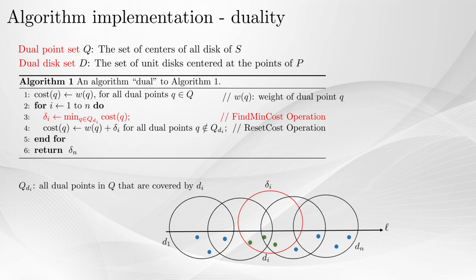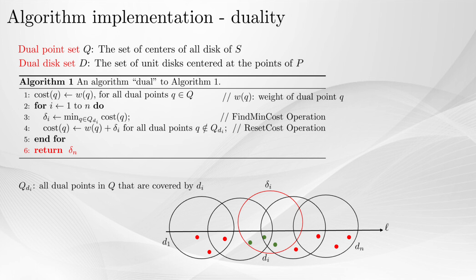Then we compute the delta I by finding the point with the minimal cost among all points covered by Di. And then for the points that are not covered by Di, we update their cost by using the delta I plus their own weight value. Then we can return the delta N.